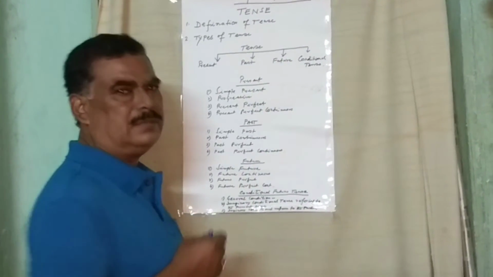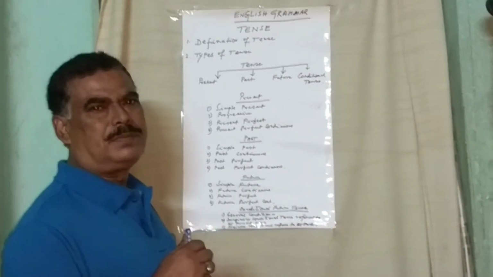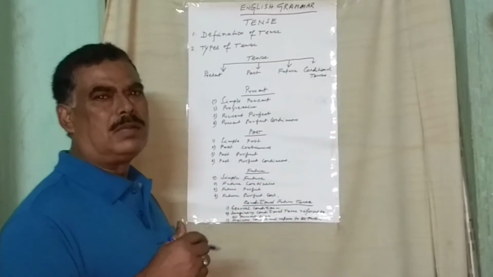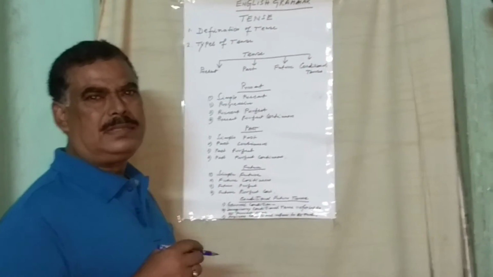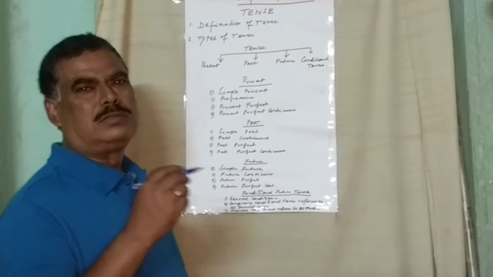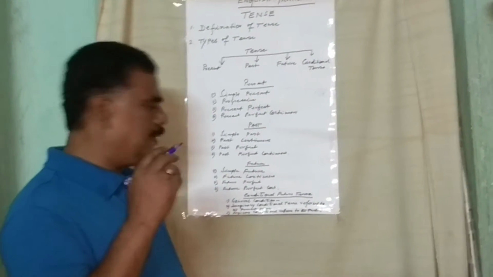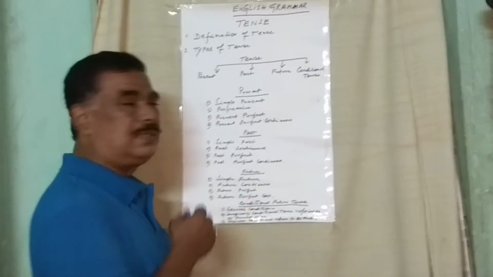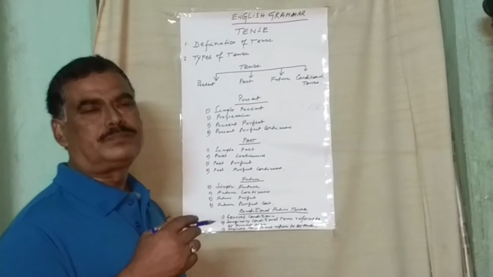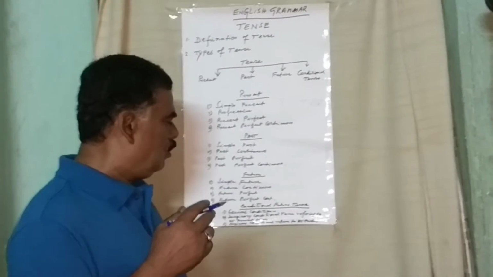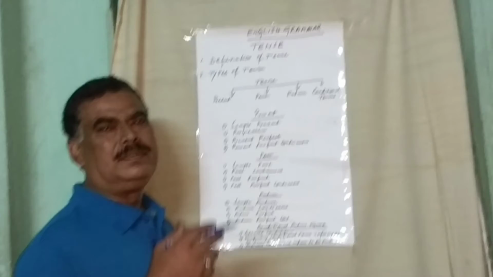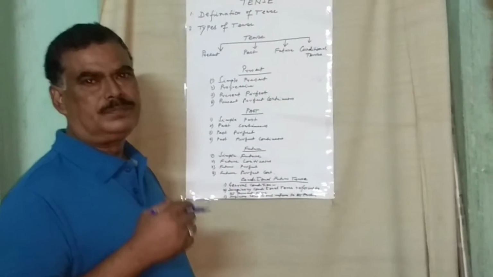Then future perfect. There are two types of future perfect we see. Number one, with time limit, and another without time limit. The first future perfect says that an action has the possibility of taking place in future by a certain time or a point of time.